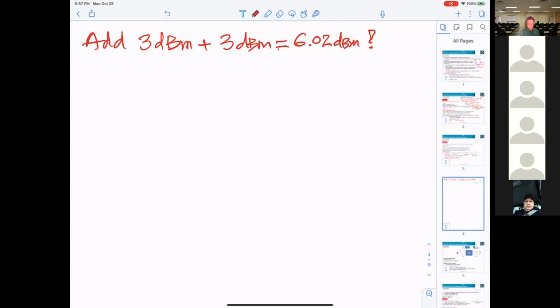I get 2 watts. Come on. Adding dBm, the answer must be dBm, okay, cannot be watt or milliwatt.